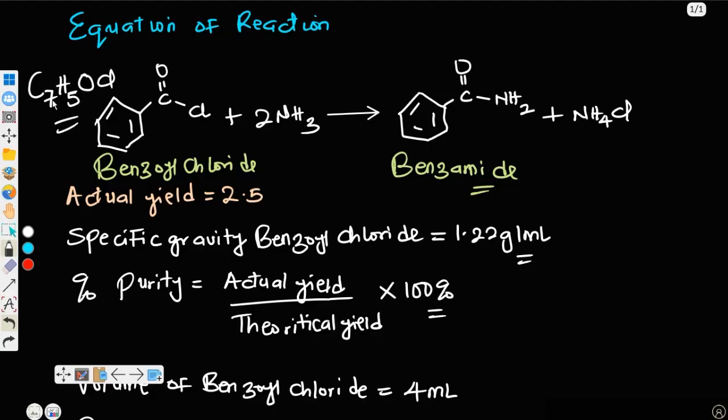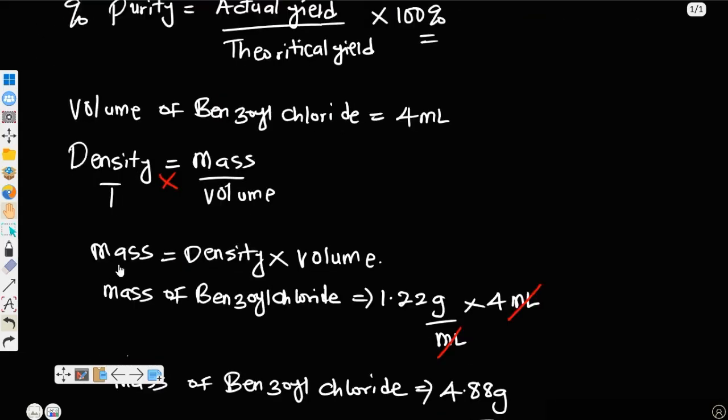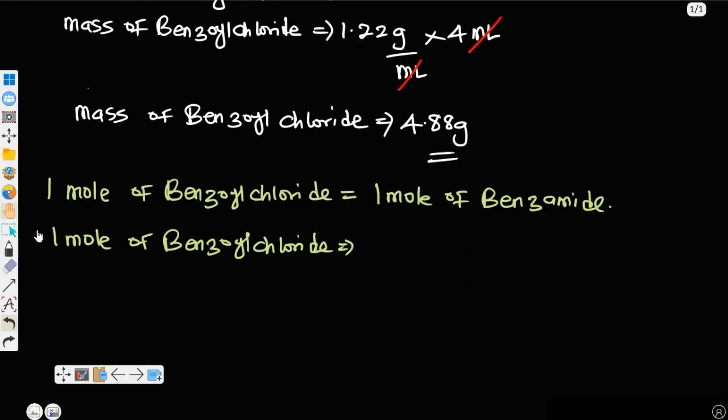So benzoyl chloride is C7H5OCl. What about benzamide? Benzamide is C7H. This is 5 from here, hydrogen 1, 2, 3, 4, 5, plus these 2 here, H7. And then you have O. C7H7O. So benzoyl chloride is C7H5OCl. So let's write it here.